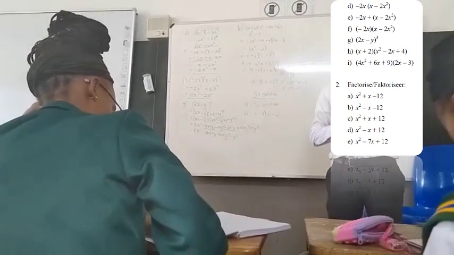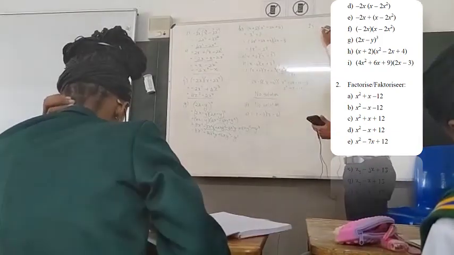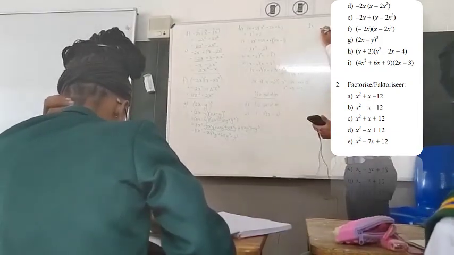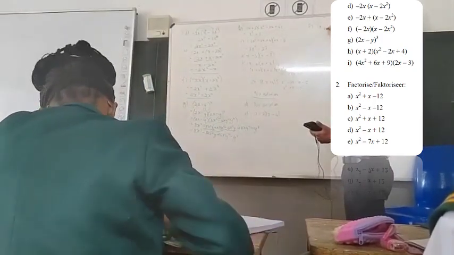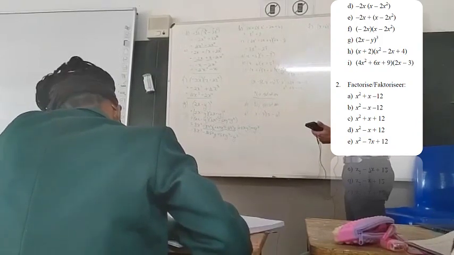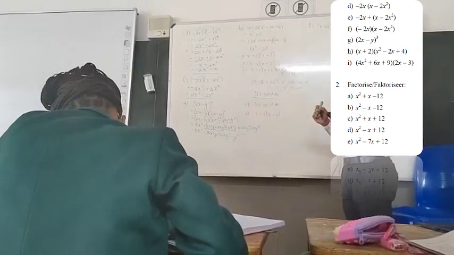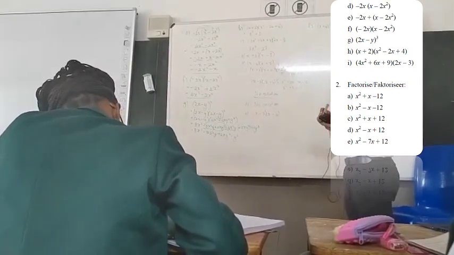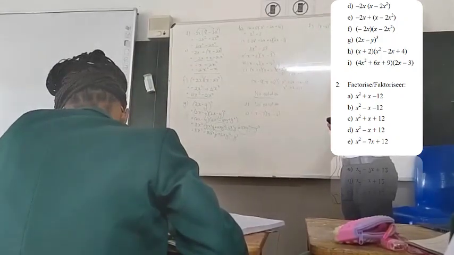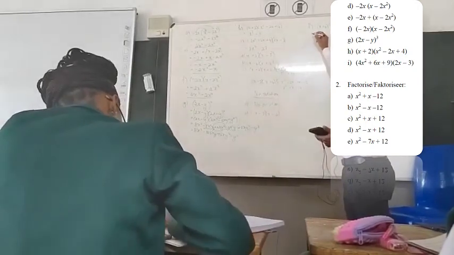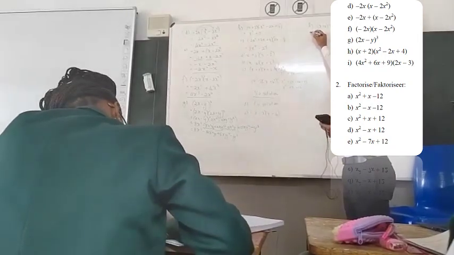Alright, then number F. Say that again. 4x plus 3. Alright, F is right now? Yes, sir. Okay. Number G.